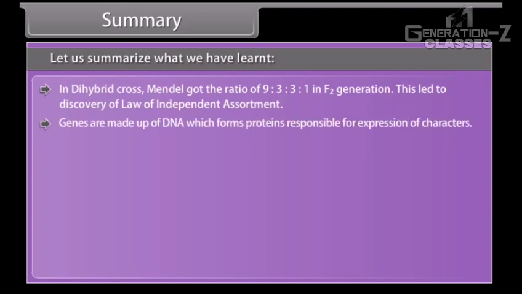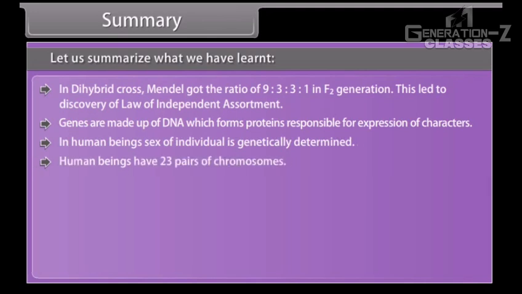Genes are made up of DNA, which forms proteins responsible for expression of characters. In human beings, the sex of an individual is genetically determined. Human beings have 23 pairs of chromosomes. The 23rd pair is known as the sex chromosome.